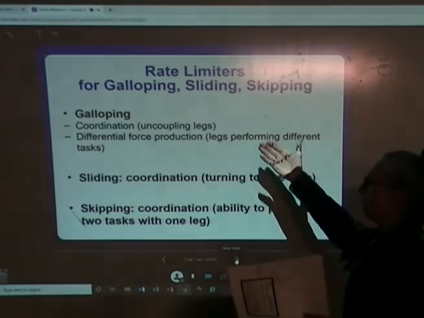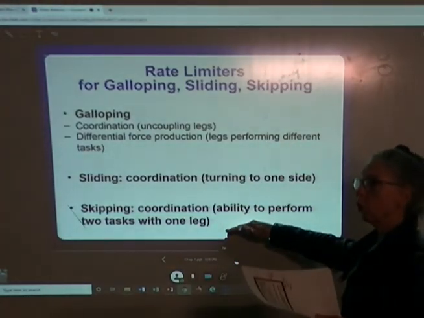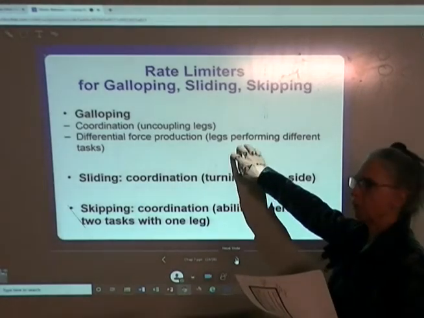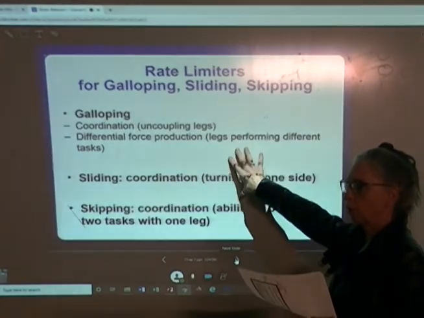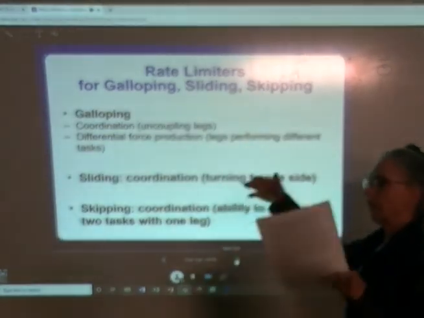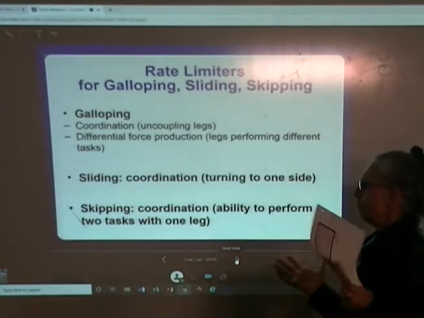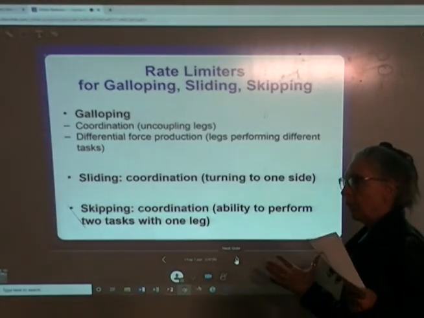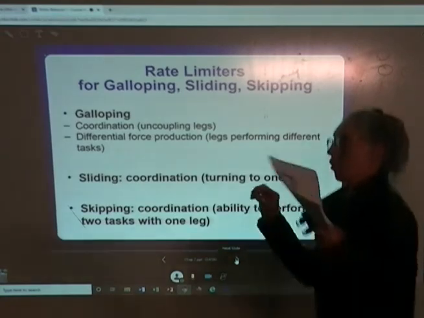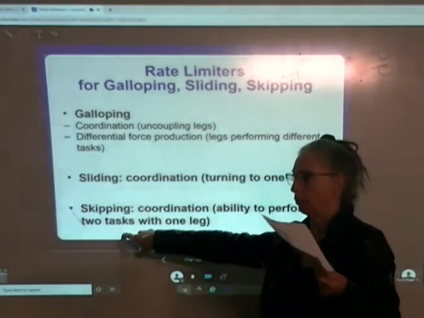You wouldn't say force production, because skipping is third to emerge, and we've already developed enough force production to get off the floor with hopping and galloping and sliding and running. Same with balance. Balance is a rate limiter for hopping, but I have to be able to hop in order to skip.